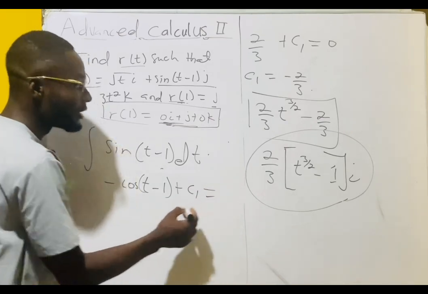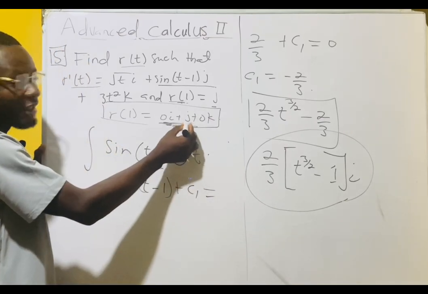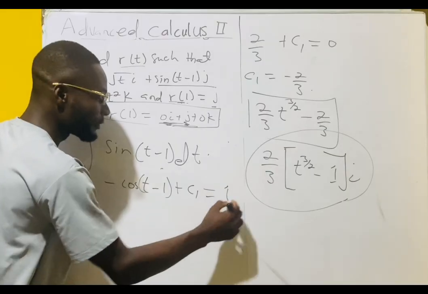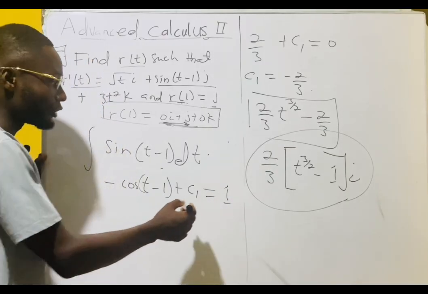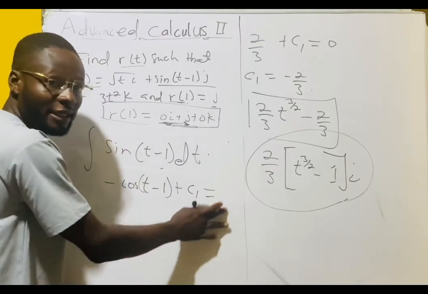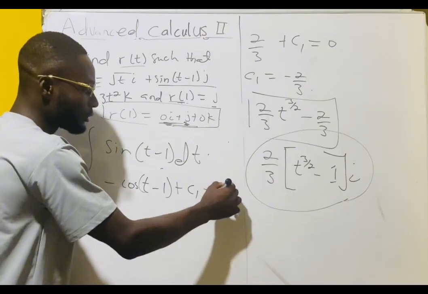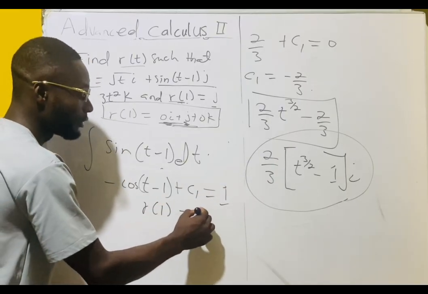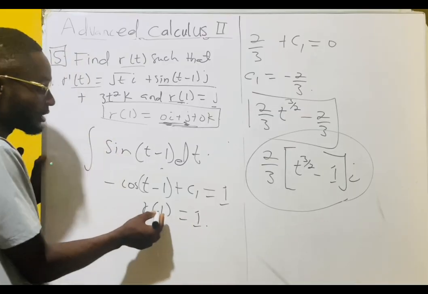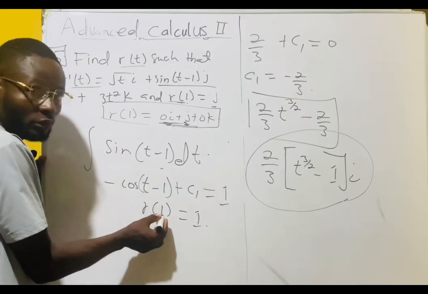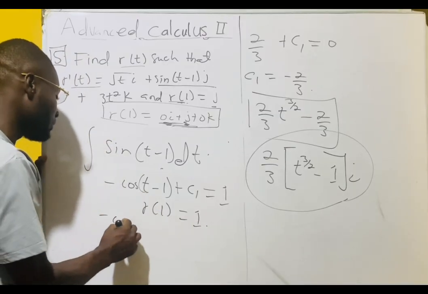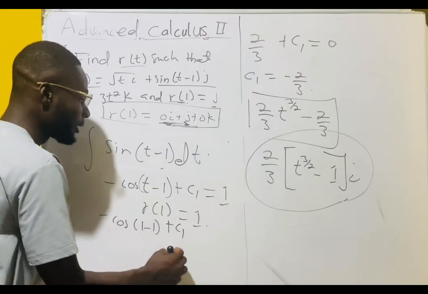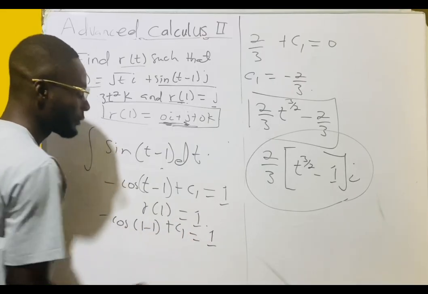Then we equate this to the initial. Initial here is 1j. So we're going to have 1 here, so that we can use that to find the constant c2. So what I'm trying to say is that r of 1 is equal to 1. So whatever we see t, you put 1. So we're going to have negative cos of 1 minus 1 plus c2 equals 1.